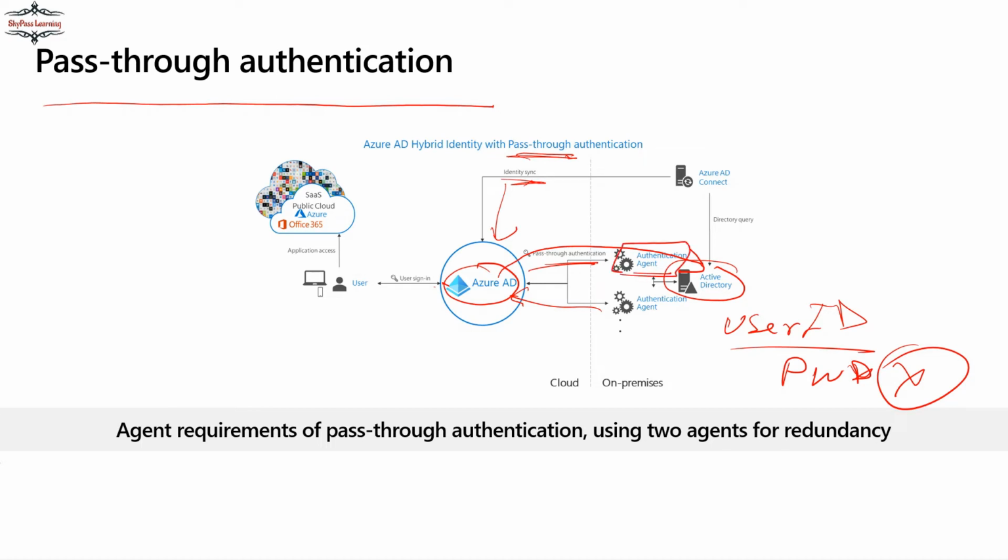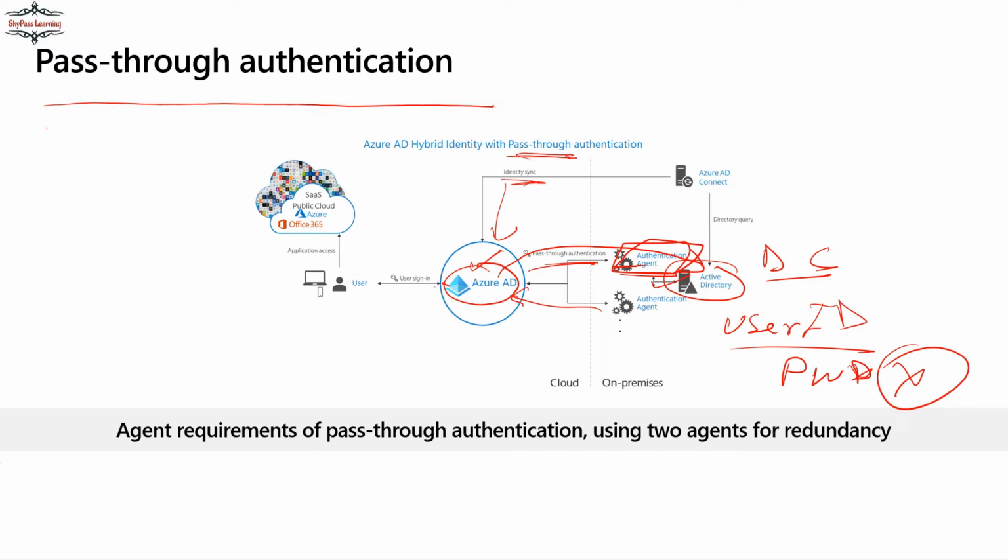The agent is basically an authentication agent which is running on your domain controller. It ensures the connectivity between Azure Active Directory and your on-premises Active Directory. So the request is sent to on-premises AD, and once the authentication is successful, the user is able to access their services.